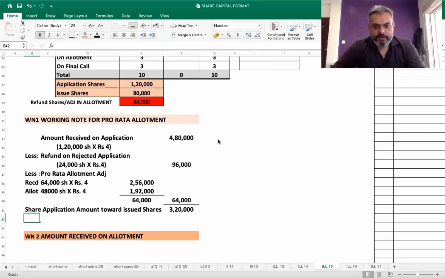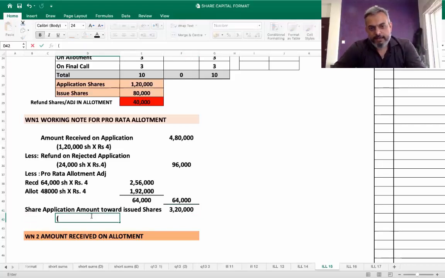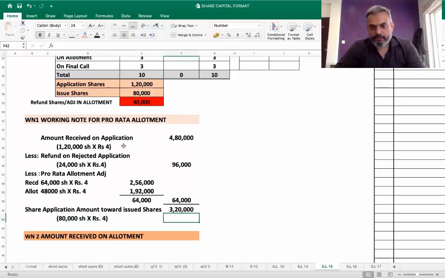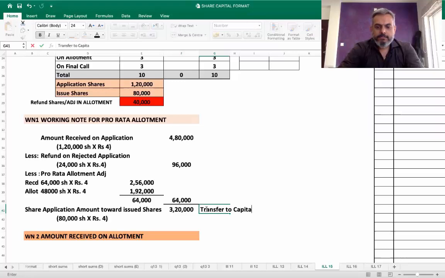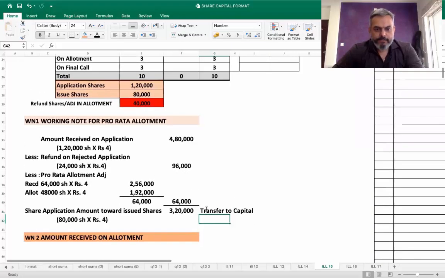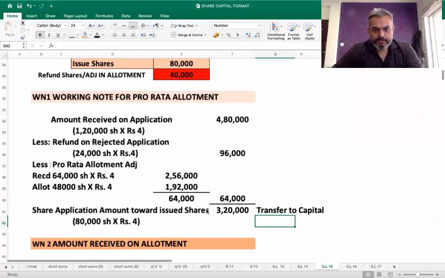So share application amount we have received towards issued shares is 3,20,000. Let's check. अब कैसे चेक करेंगे? 80,000 issued shares थे into ₹4. So it should be equal to 3,20,000. यानी 3,20,000 rupees is what we are going to transfer to capital. Please do this working. Then we go for the next working.